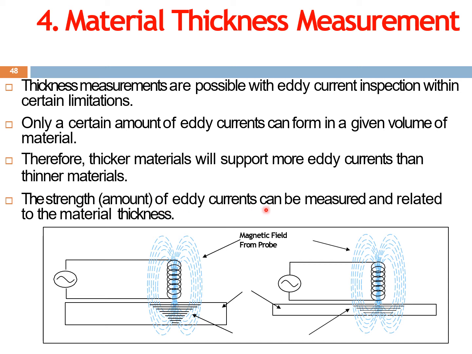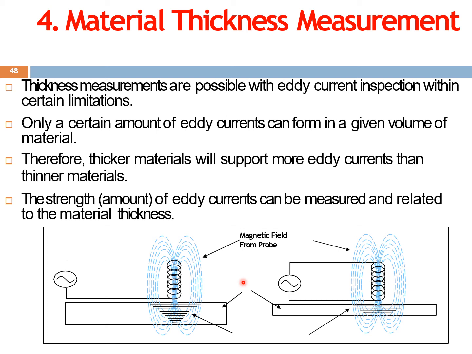The strength of the eddy currents can be measured. As you can see in the figure, we are using two materials of different thickness, and the strength of the eddy currents can be measured and correlated to the thickness of the material. As mentioned before, while finding the conductivity, we detailed the correlation that connects the change in impedance to the conductivity.